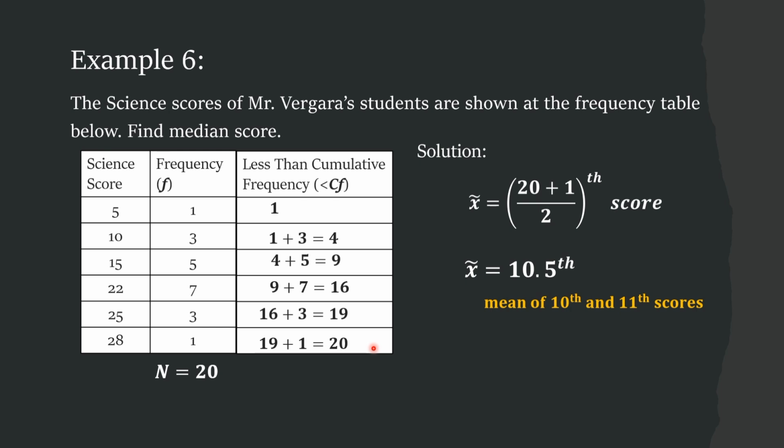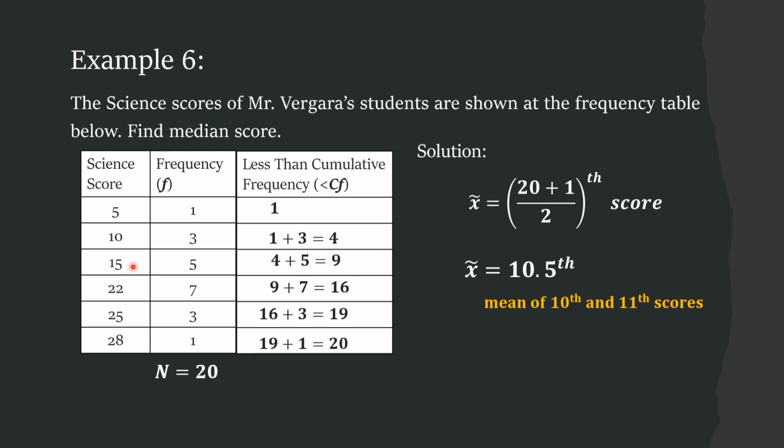Now, find the 10th and 11th score. From the score of 5 up to 22, there are 16 students who got 22 or below. Where can we find the 10th and 11th score? The 9th score is 15.